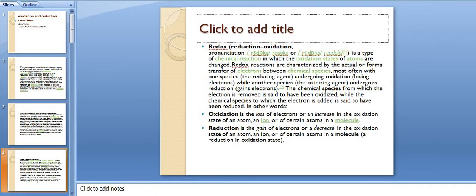Next, redox means reduction-oxidation. It is a type of chemical reaction in which the oxidation states of atoms are changed.